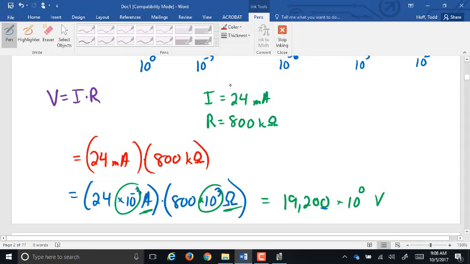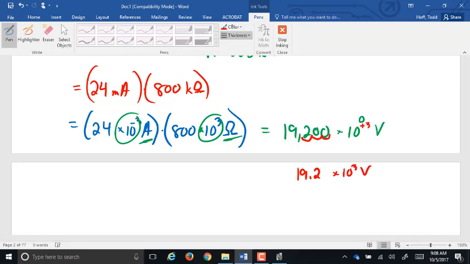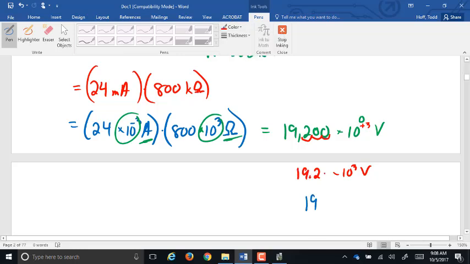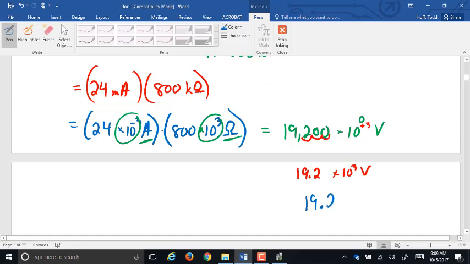Now, of course, we should adjust this to 19.2. Decimal point just moved 3 spots. So this gets larger by 3, times 10 to the 3rd volts. 10 to the 3rd means what? Yes, 10 to the 3rd means kilo. So that's 19.2 kilovolts.